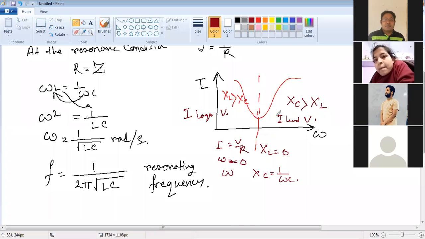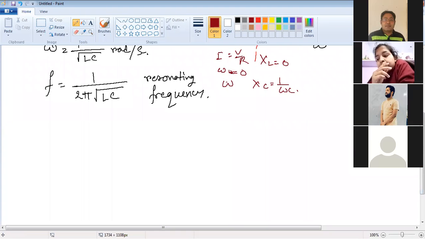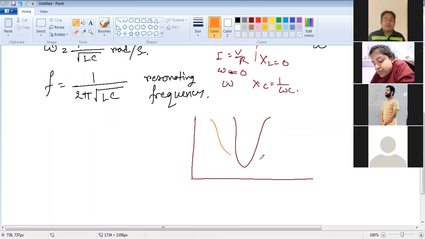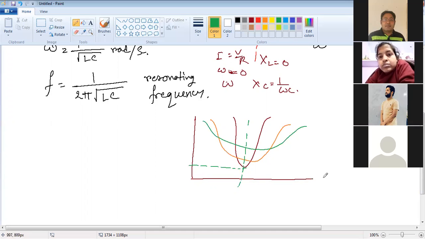Now, what is the relationship with the Q factor? Look, this is omega, this is the resonating frequency, and this is your I, and this is I minimum.